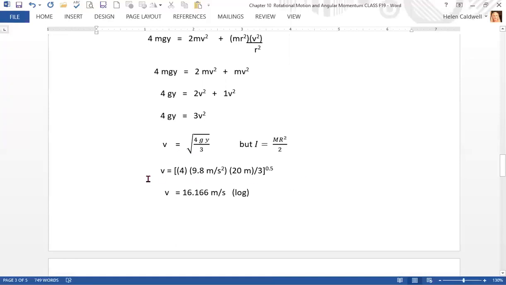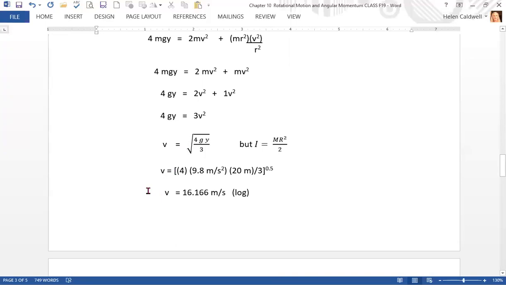If we plugged in, we would get that the velocity for the log rolling down the hill is 16.166 meters per second. And it depends on how high the hill is and what gravity is, but not how long the log is, what its radius is, or even how heavy it is.